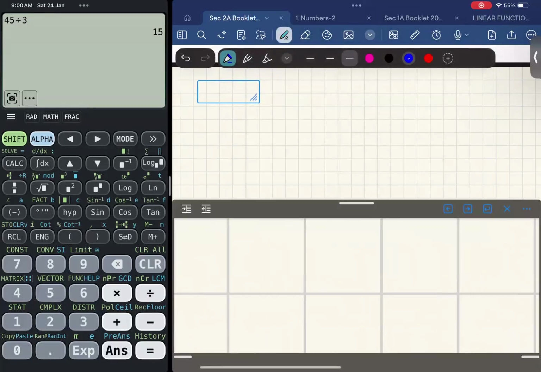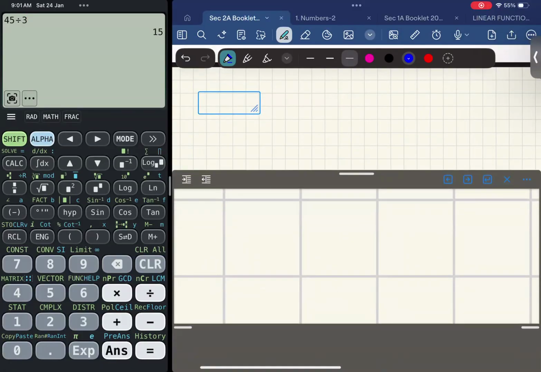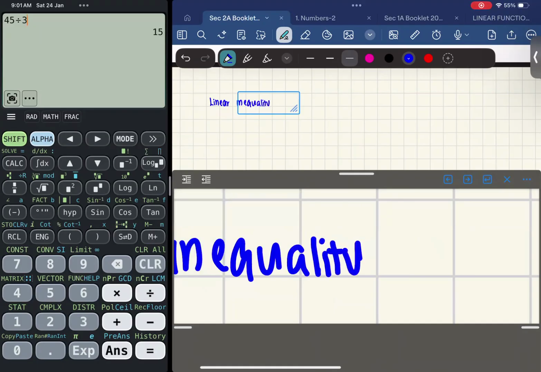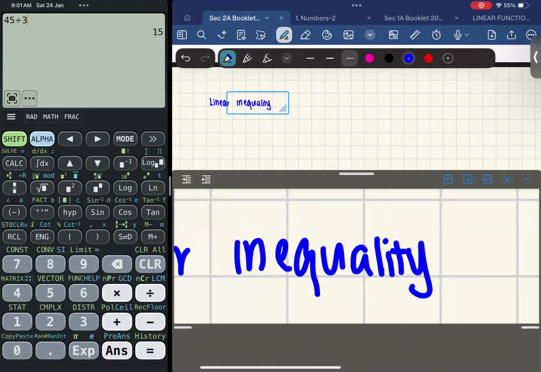Okay, so you can take a new foolscap or a new piece of paper. We're going to do a summary sheet. So we have linear inequality.